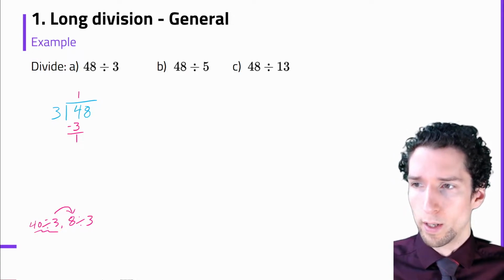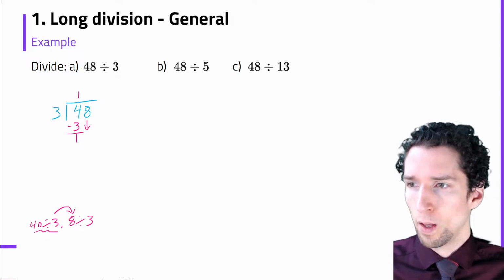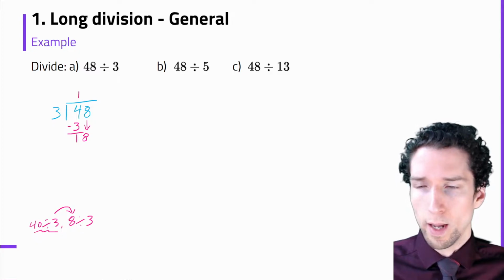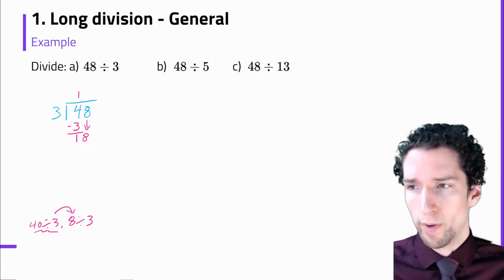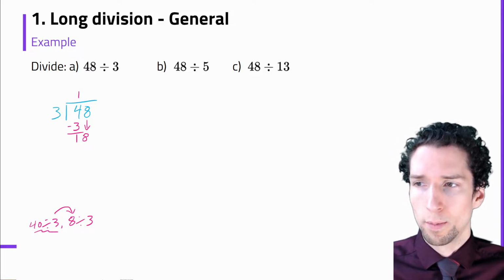Now we take the next number that we have, bring that down, and combine them. That's a 10 and an 8, so 18. Now we're taking the leftover and asking, basically, 18 divided by 3. How many times can 3 go into 18?